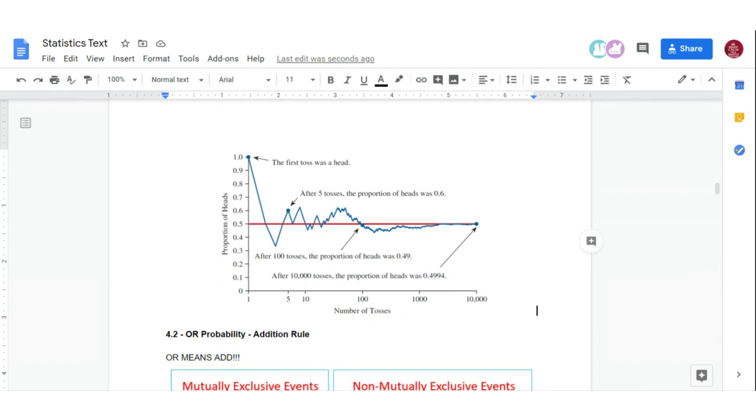So as you go along this x-axis, the number of flips gets higher and higher, and it gets closer and closer to half and half over those many trials. So in a way, you could say this is how the theoretical probability is determined, by doing something many, many, many times. So all experimental probability or empirical probability will lead to a theoretical result.